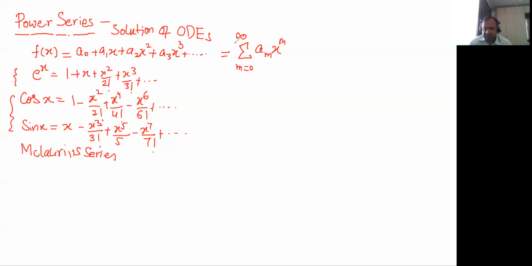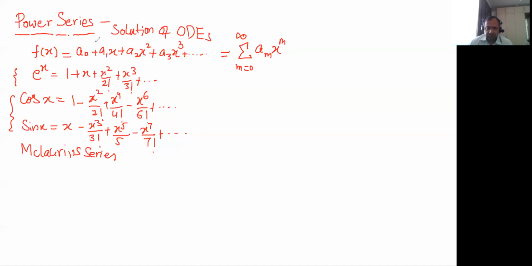This type of notation we can use for the solution of the ordinary differential equation, and that makes the task quite convenient. Since in the solution of ordinary differential equations we also need to represent the derivatives as well.